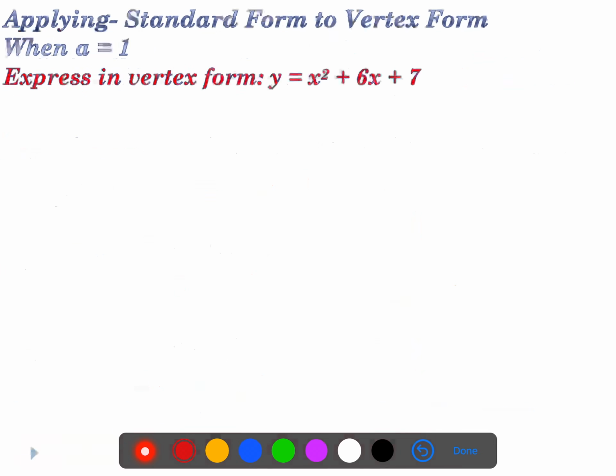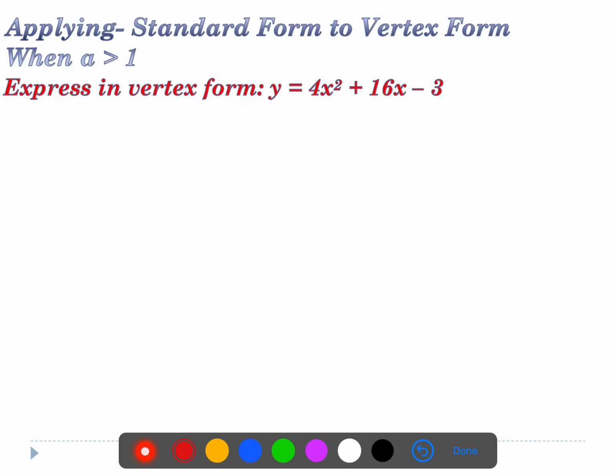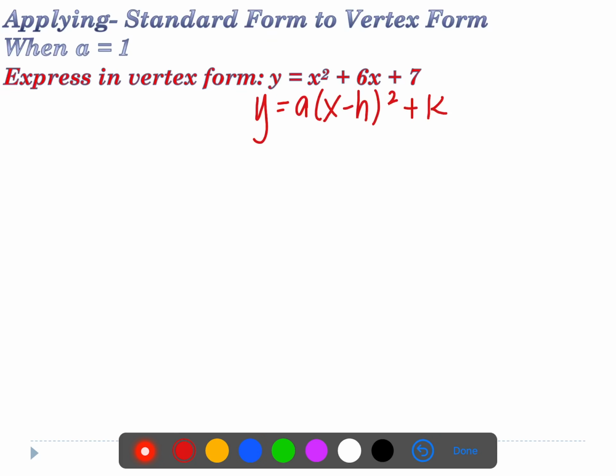All right, so the next thing we want to do is convert from standard form, which is ax squared plus bx plus c, and turn it into vertex form. So remember vertex form, a times (x minus h) squared plus k. So we need the vertex, the h and the k value.